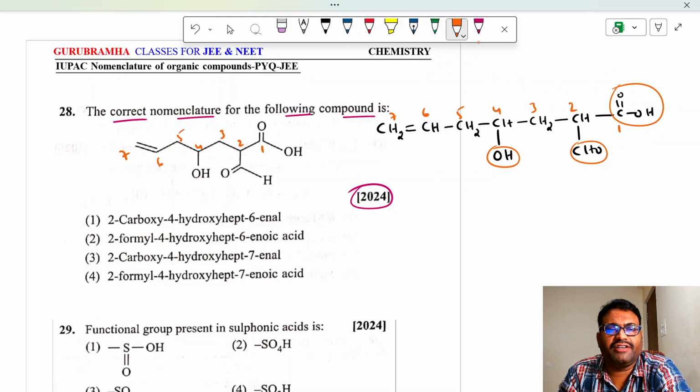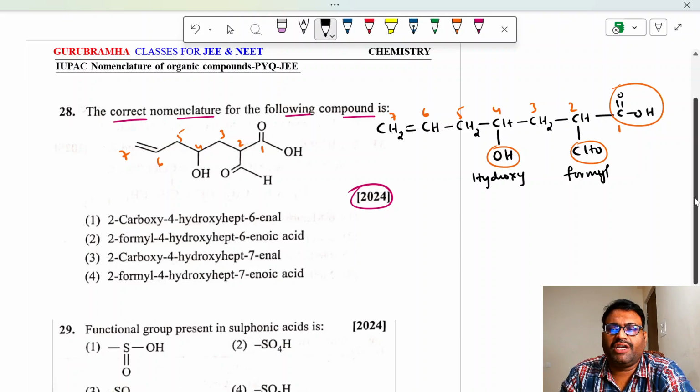Here you are finding the bond line representation, and I have written the structural formula for that. What is the name of OH? Under secondary prefix, we use the word hydroxy. When aldehyde is used under secondary prefix, we write the word formyl.